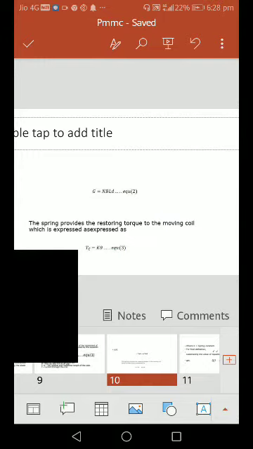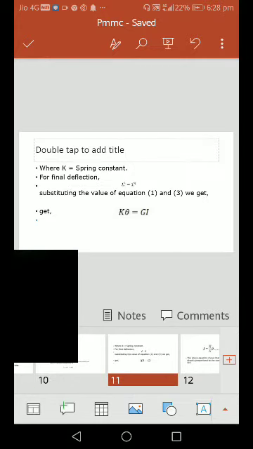Tc is equal to K into theta, where K is the spring constant and theta is the angular deflection of the coil. That is the controlling torque.